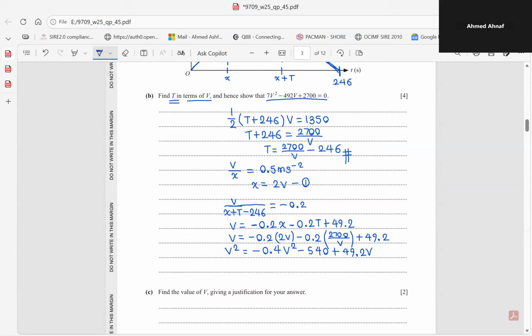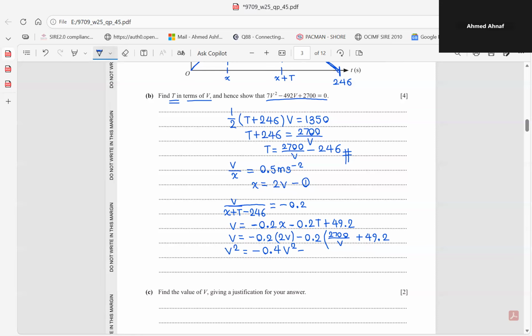Right, so let's now move everything over. Wait a minute, what's going on? Oh, shoot. I realized I substituted it wrongly. Let me just put everything back.